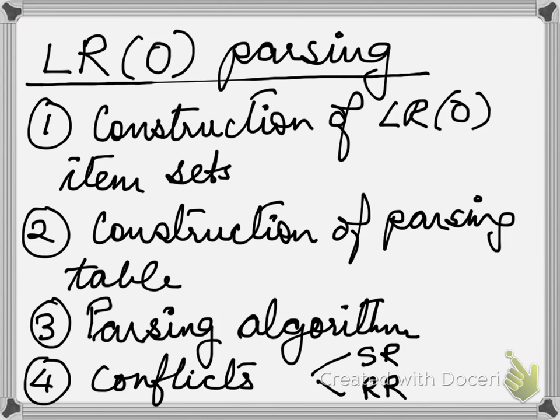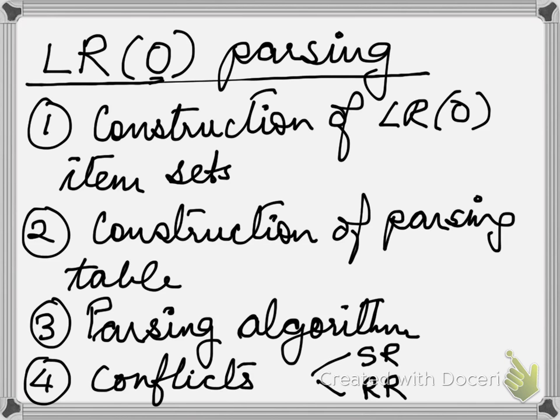The main problem with LR0 parsing was that we did not have any look ahead. That's why it was LR0, no look ahead. So we had to decide whether to shift or to reduce based on the input that we have seen so far. We could not look into the next symbol appearing in the input string.